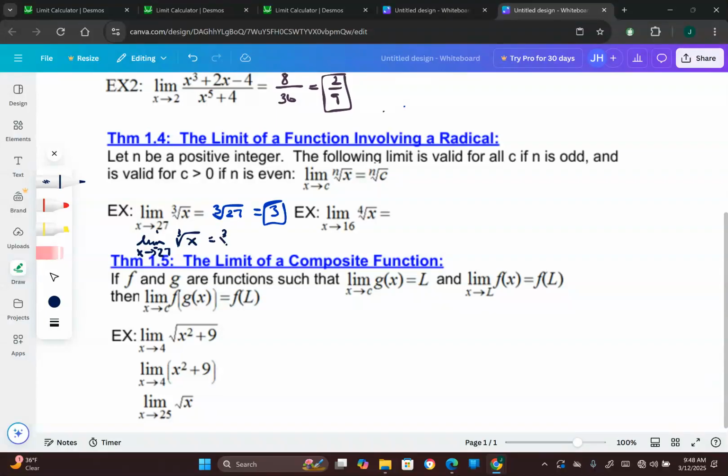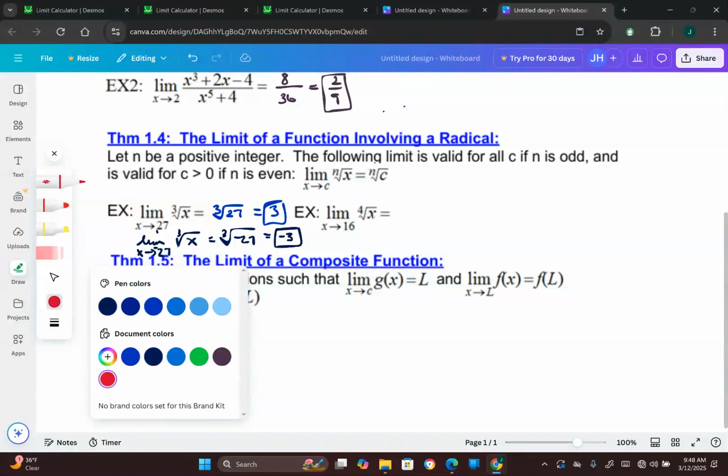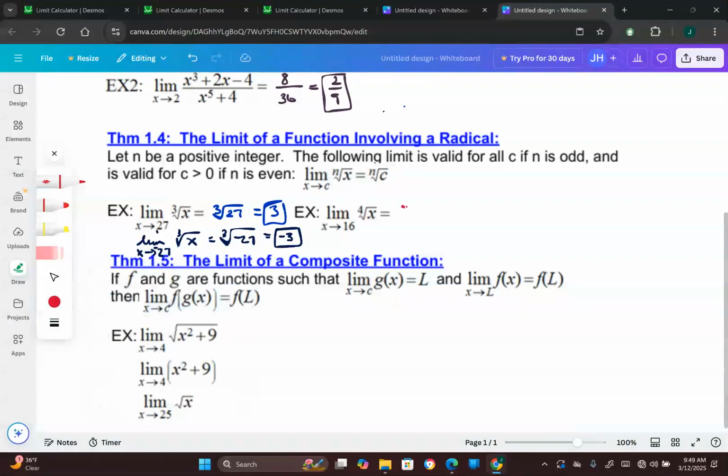So that would be the cube root of negative 27. Well, guess what? That works. That comes out to be negative 3. So with odd roots, you can plug in positive numbers, you can plug in negative numbers, because odd roots are continuous everywhere.